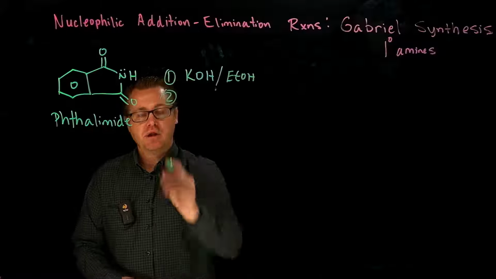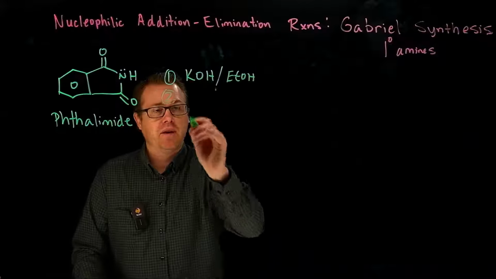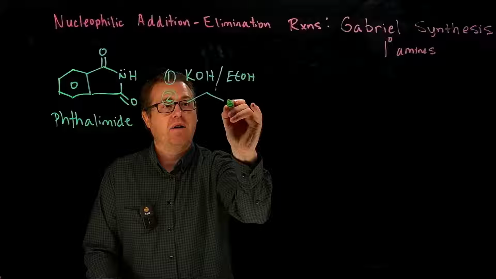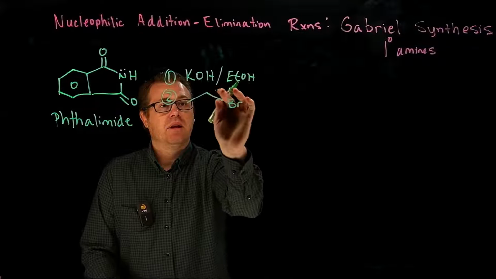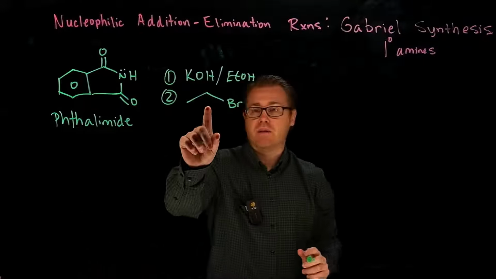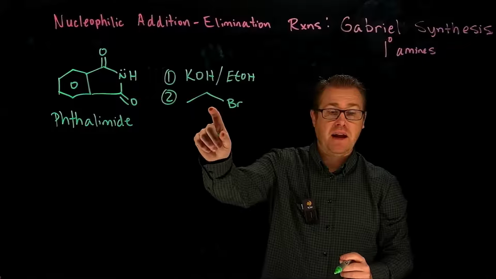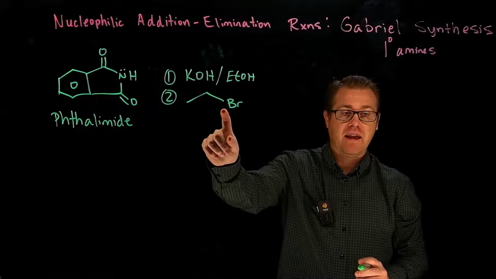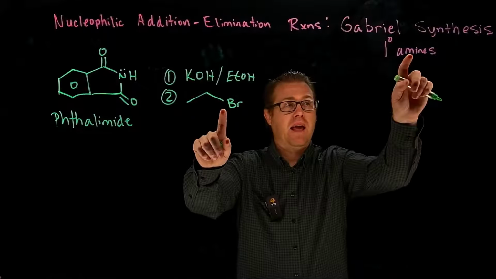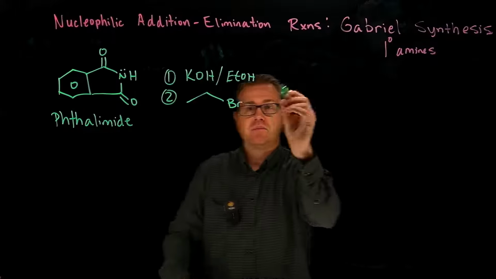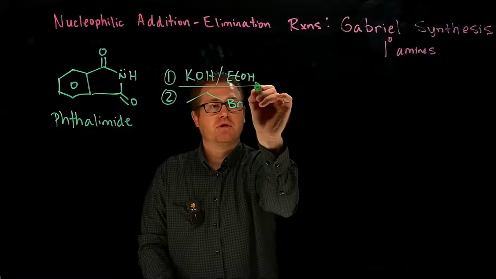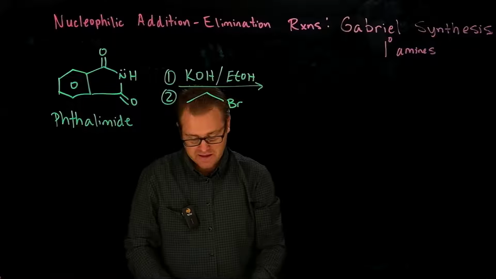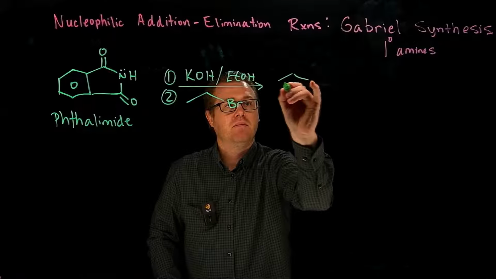And then step 2, treat it with an alkyl halide. Now that's the key right there, it needs to be a primary alkyl halide in order to make a primary amine. So after you treat with that, you're going to get something that looks like this.